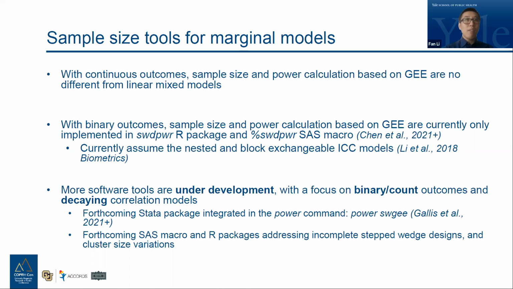In addition to that, there are more software tools under development with a major focus on binary and count outcomes, including that decaying correlation component to facilitate the design calculations.